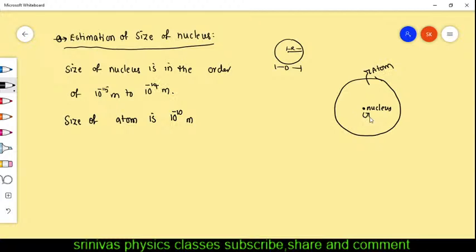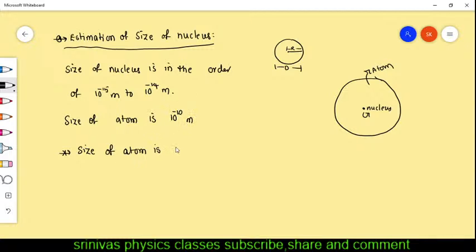The nucleus is a point size. Now how many times the size of the nucleus is the size of the atom? If you multiply the size of the nucleus by 10,000, you will get this.